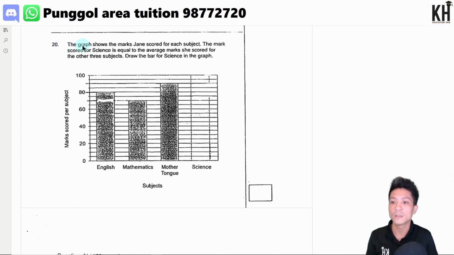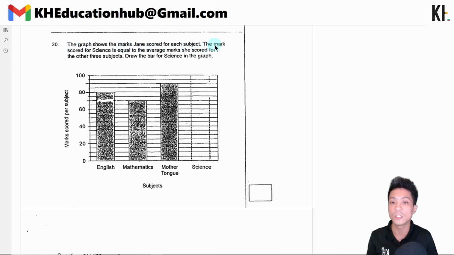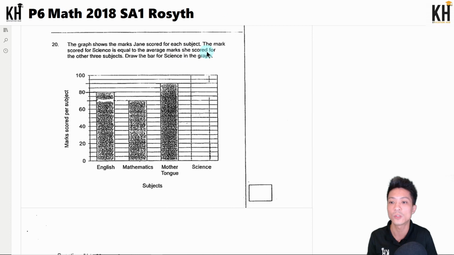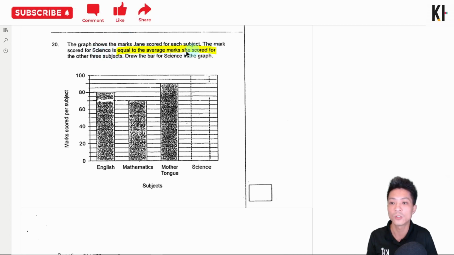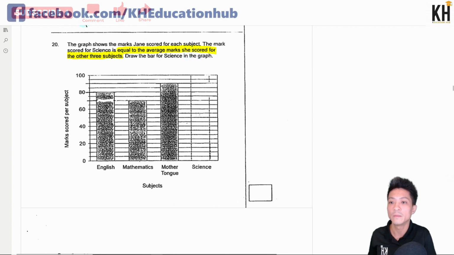Okay, question 20. The graph shows the marks Jane scored for each subject: English, mathematics, mother tongue. The marks she scored for science is equal to the average marks she scored for the other 3 subjects. Draw the bar for science in the graph. So in this question, you need to add up all together and then divide by 3, right?